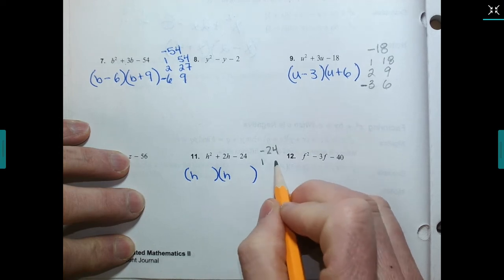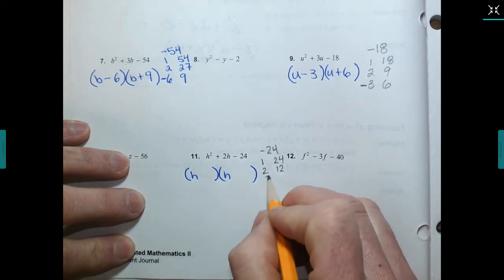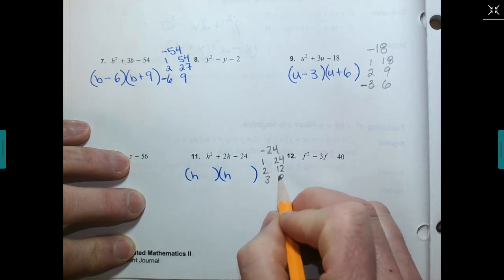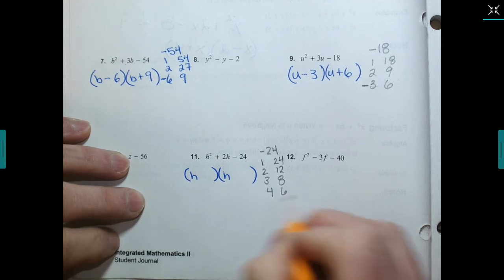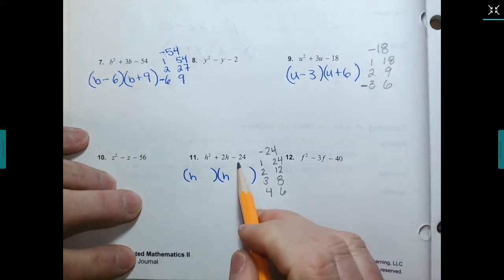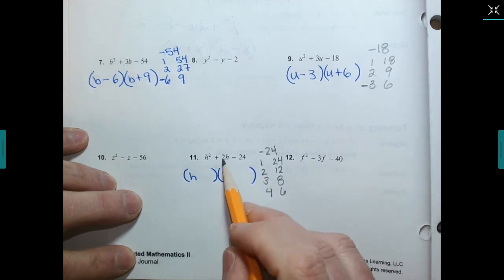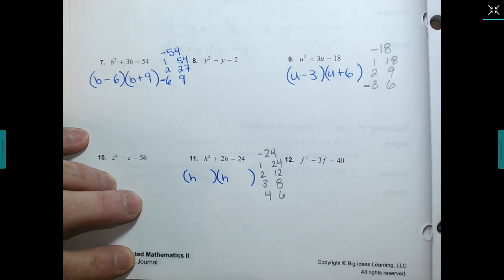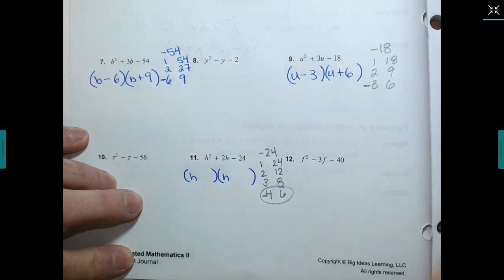I've got 1, 24, 2, 12, 3 times 8, 4 times 6, 5, 6. So those are all my factors. And it's a negative, so I know that one of these is going to be negative. And I have to get to a positive 2. Here it is. Positive 6 minus 4 is positive 2.